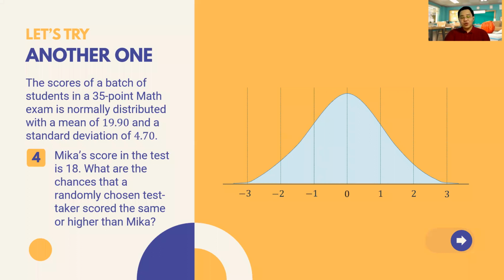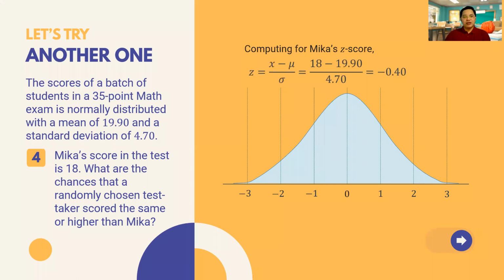We can make use of the score 18 to plot it along the x-axis, but what we notice here is that we're working with a standard normal density curve instead. So we need to convert 18 first into the corresponding z-score. Computing for Mika's z-score, we should be able to find that it's equal to negative 0.4.